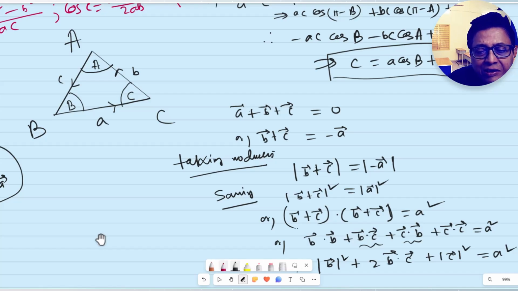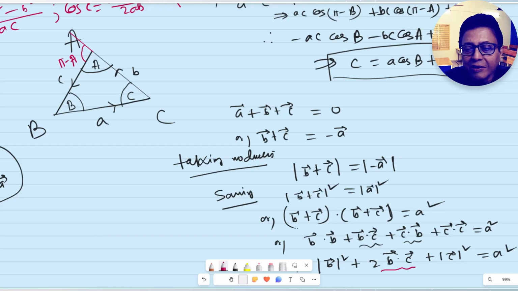Now, B dot C is going to be what? This part you have to simplify. See, again B vector is directed this way, C this way, so we will be taking pi minus A over there.